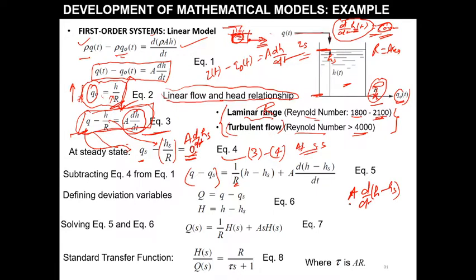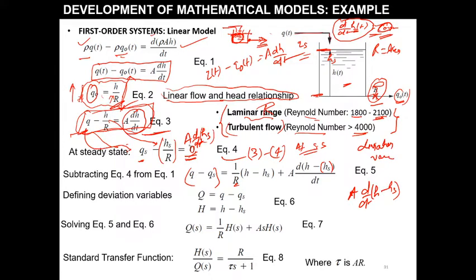Any doubt? Sir, if hs is a constant value, then its differentiation will always be zero, so is it necessary to write hs at the end? Actually, we are representing the equation at the steady state in terms of the deviation variable, so we just use hs to write it.